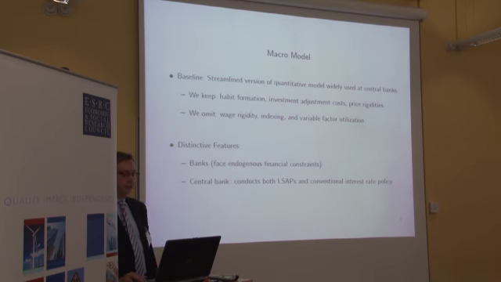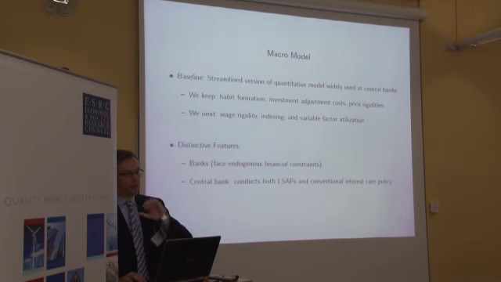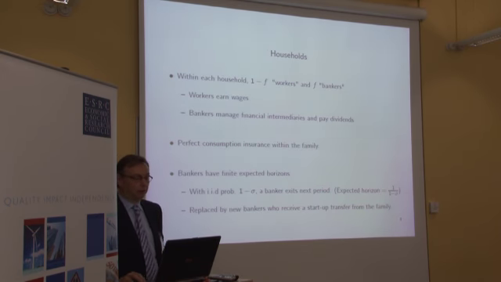In a crisis, these constraints are going to tighten and restrict the flow of bank credit, and this is going to contribute to the crisis. This is perhaps the main difference between the DSGE I work with now and the conventional DSGE before the crisis. Then there will also be a central bank. Before, the central bank just worked with conventional interest rate policy. Now the central bank is going to do asset purchases as well as conventional policy.